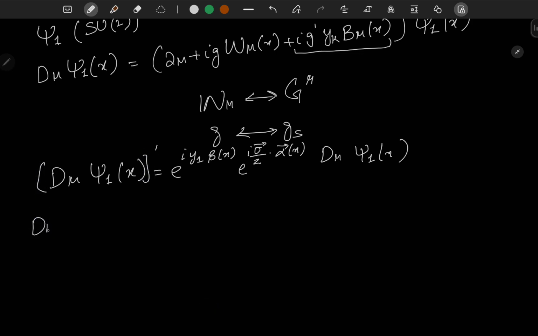And for psi k, it transforms like e to the i yk beta of x, D mu psi k of x.